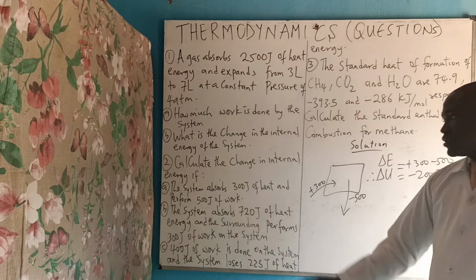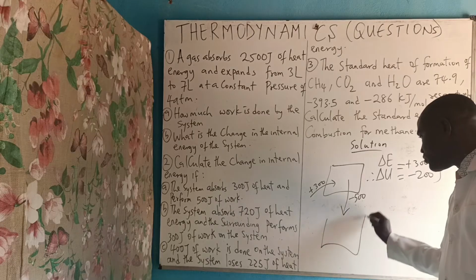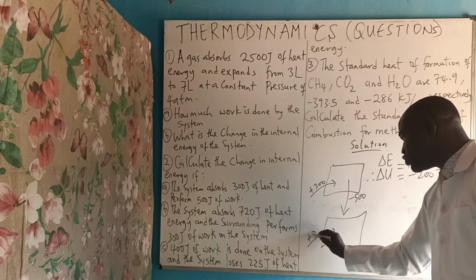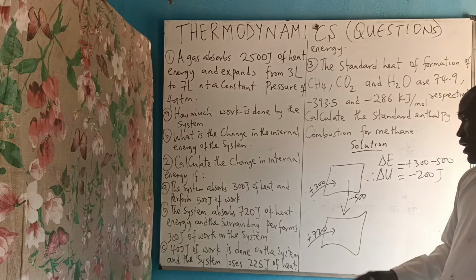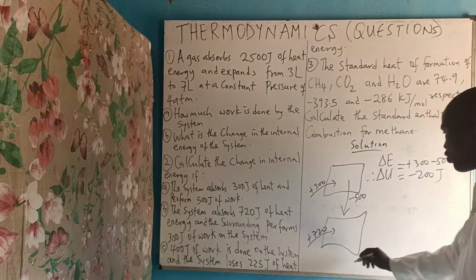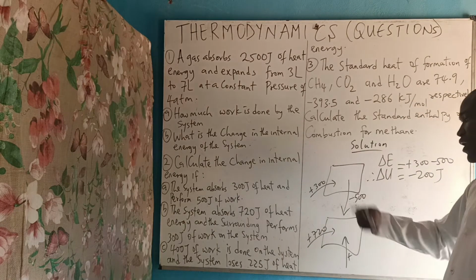For the second one, the system is absorbing 720 joules of heat, and the surrounding performs 300 joules of work on the system. The surrounding is performing work on the system, so the system will gain that energy.